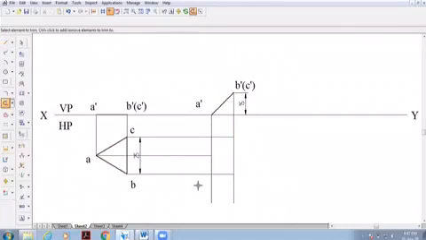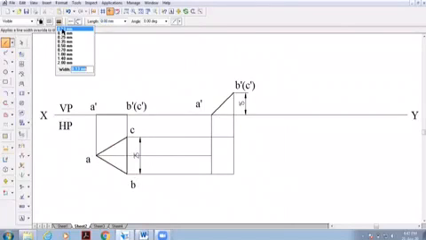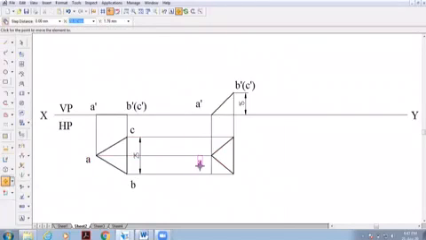The extra lines you can trim. Now, using the line command, thick line, this is your A, this is your B, and this is your C.